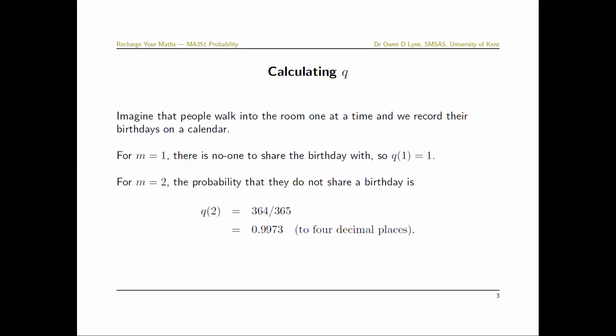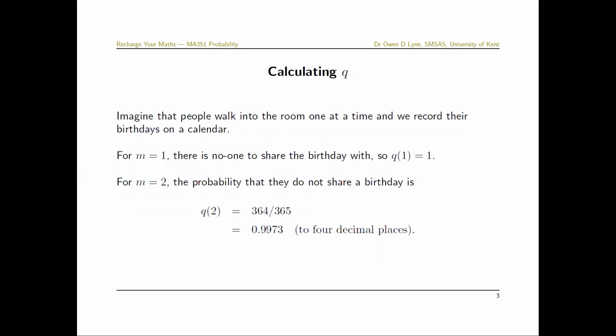So imagine the people walk into the room one at a time. We record their birthdays on a calendar. I've done that at open days with prospective students to illustrate this problem. So the first person arrives, the calendar's blank, they tick their birthday, there's no chance they share it with anyone. So the probability that nobody matches is 1.